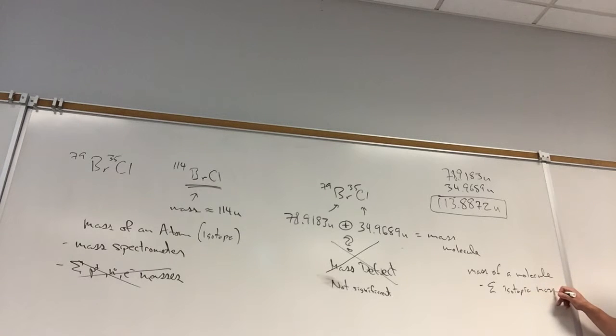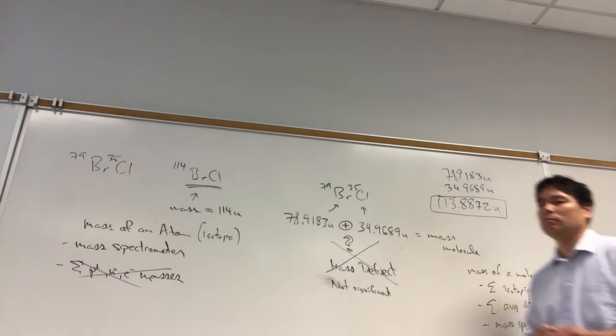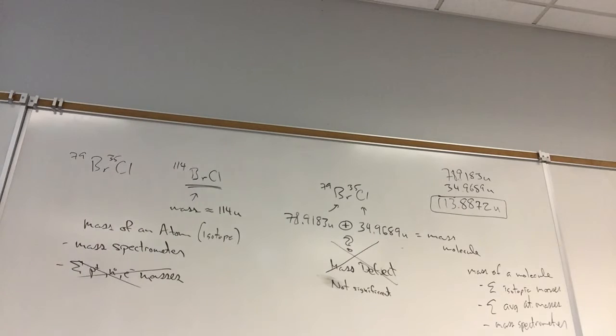That works. Or we could sum up the average atomic masses off the periodic table. If we sum up the average atomic masses, we'll just get the average mass of a bromine chloride molecule. Or we could weigh it using a mass spectrometer. Things we could do.